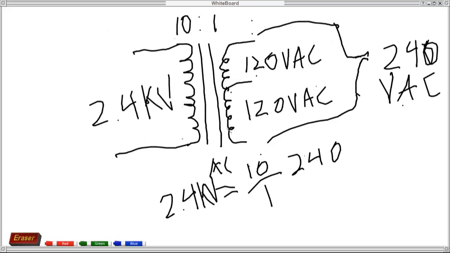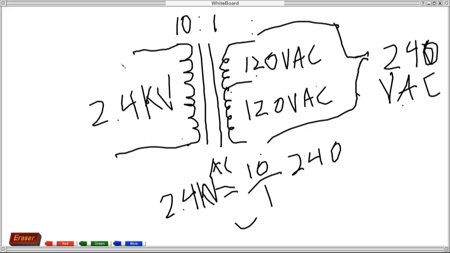Okay, and one thing you have to keep in mind here is that because of this turn ratio, the secondary voltage is divided by 10, but the power remains the same, because even though the voltage is divided by 10, your current augments by that same number.